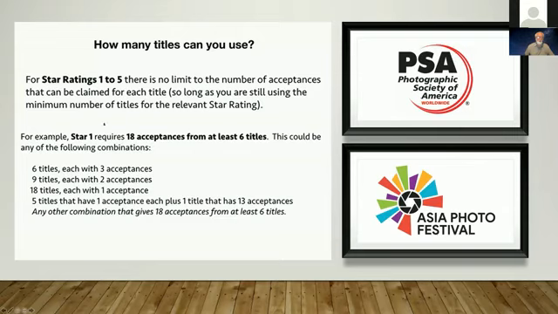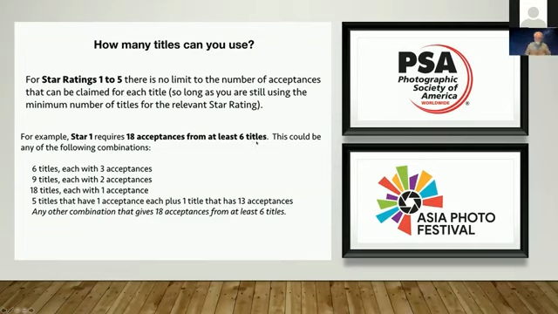And keep in mind that for a simple example like star 1, which needs 18 acceptances from at least 6 titles, there are several different ways you could get that. The usual way is people will have 6 different titles, 3 acceptances each. But you could have 9 titles with only 2 acceptances each, or even an extreme case of 18 different titles with just 1 acceptance each. All of those things would be okay for star 1, because the important thing is a total of 18 acceptances from at least 6 titles.